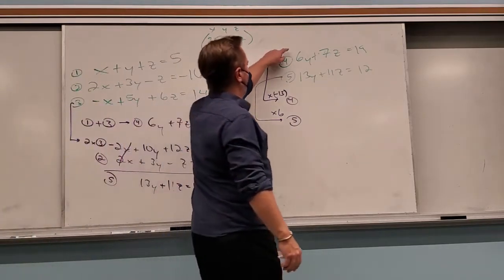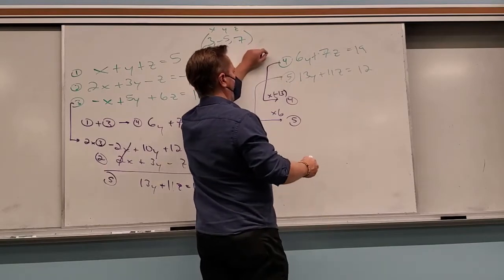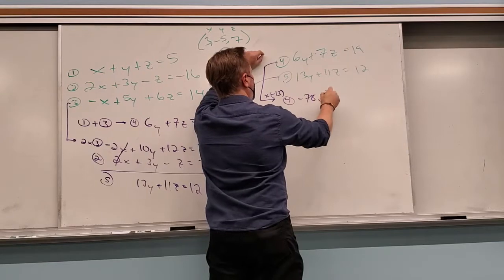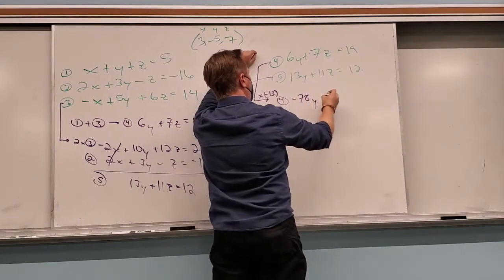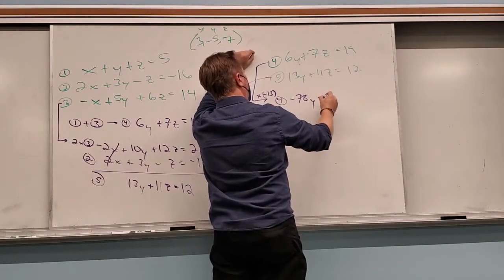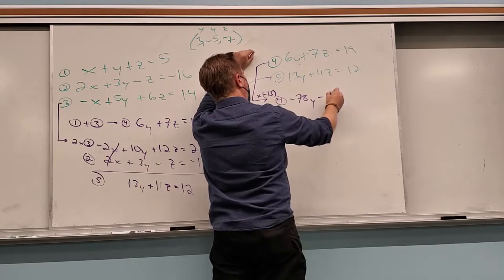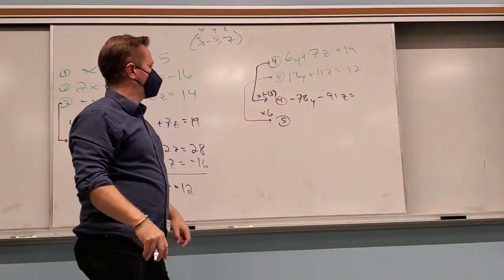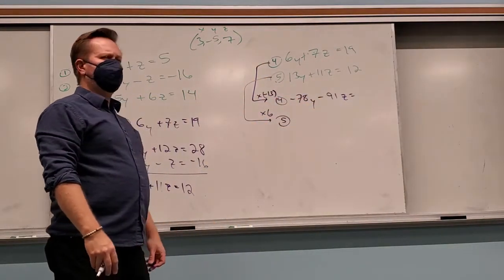So what is 6 times -13? 78. Yes, so it'd be -78. 7 times -13? -91. 19 times -13? -247.